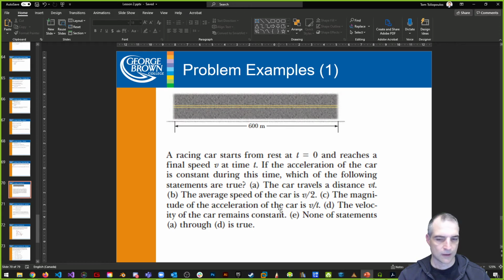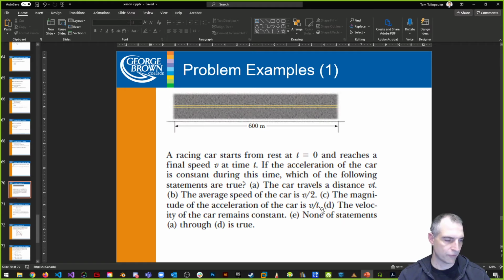Well, we can't do this because we know that the velocity is changing, so the average can't be v over 2. Because v is the final speed, we can't just use the final speed. We have to use both the final speed and the initial speed to find our average. This is wrong. The magnitude of the acceleration of the car is vt.